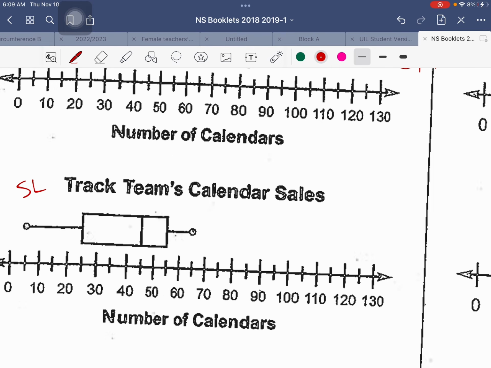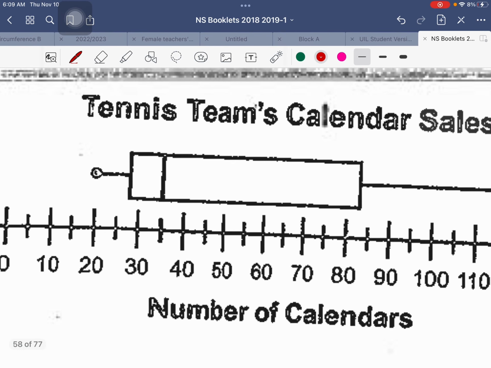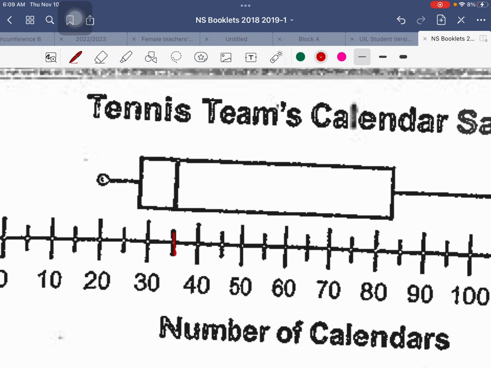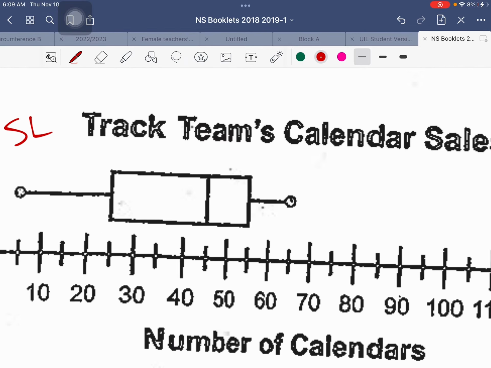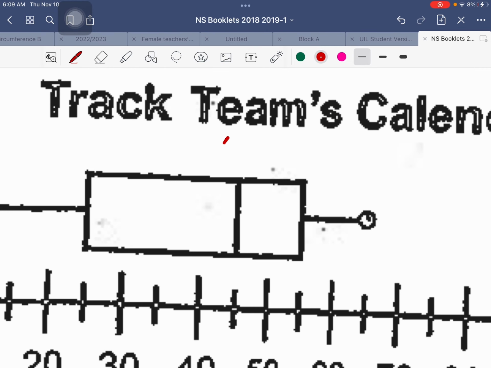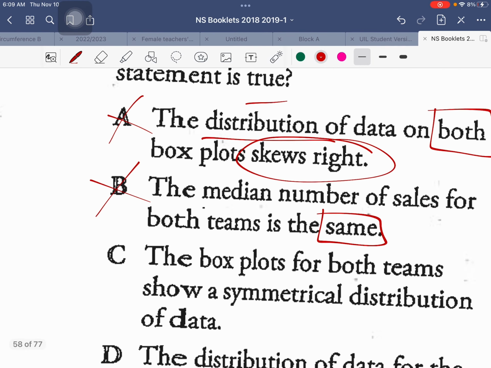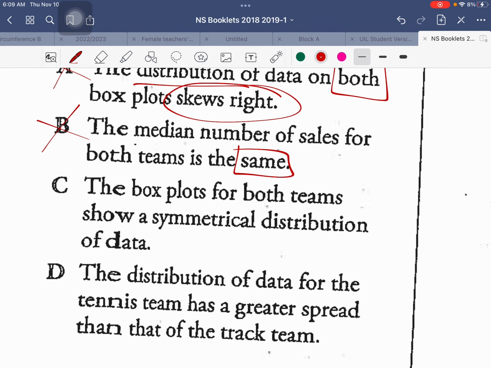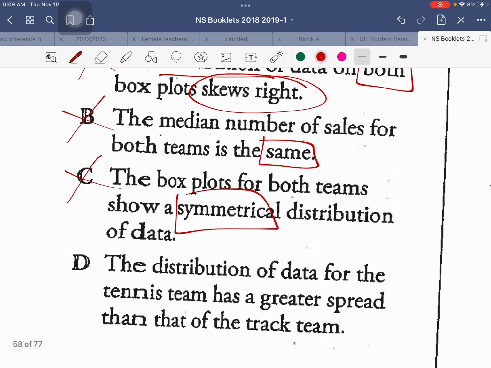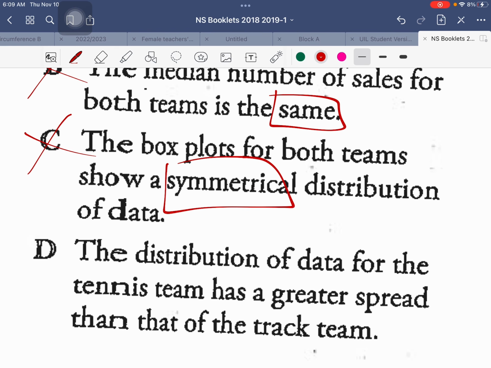The number in the middle was between 30 and 40, so that would be 35. It's between 40 and 50, that would be 45. So no, very wrong. The box plots for both teams show a symmetrical shape. No, we already went through this. There, one skewed right, one skewed left.